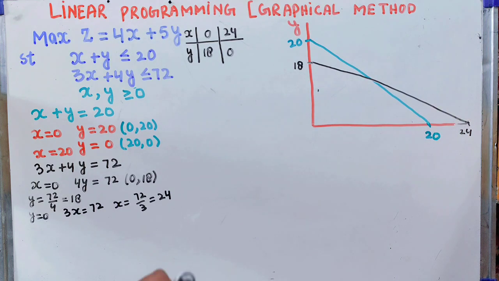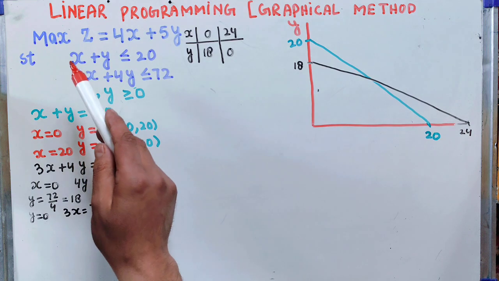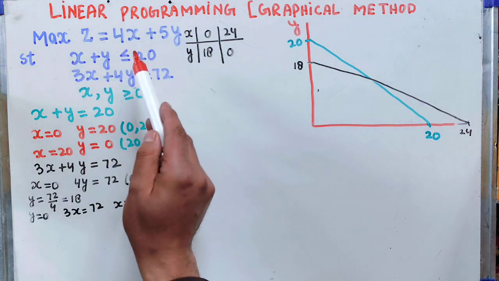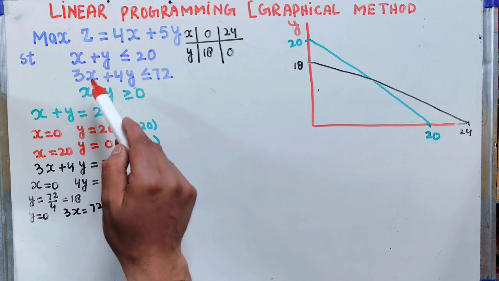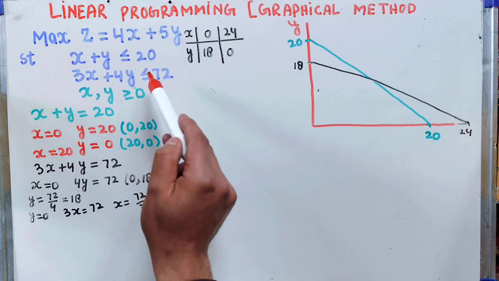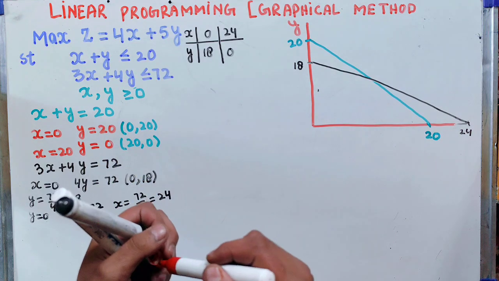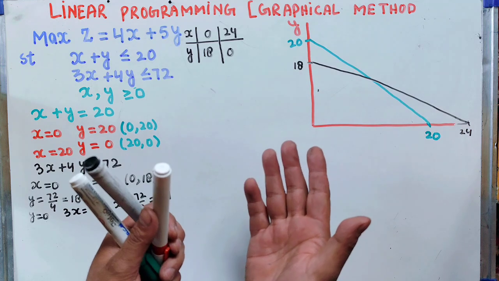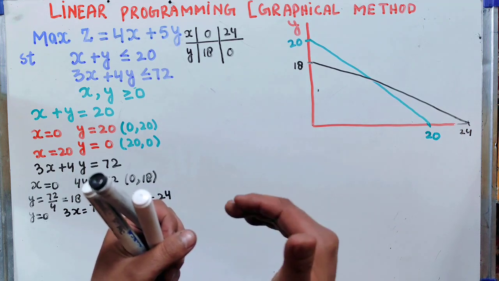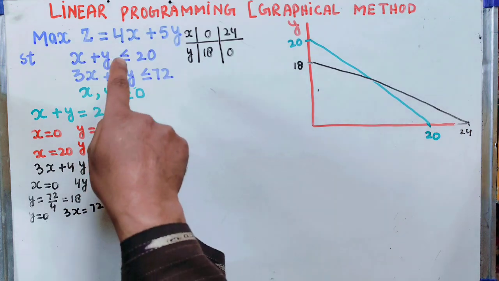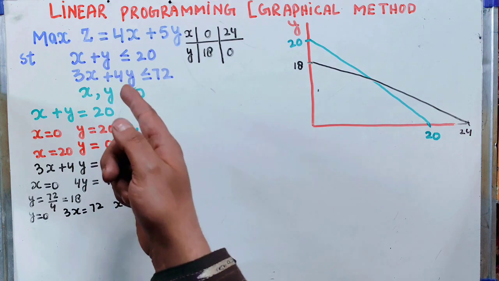Having said that, what are our constraints? We are being told that x plus y should be less than or equal to 20, and 3x plus 4y should be less than or equal to 72. Now we need to find out the feasible region. What is the feasible region? Simply, the feasible region is the area that satisfies all the constraints of the problem.